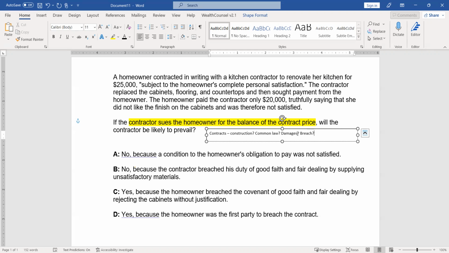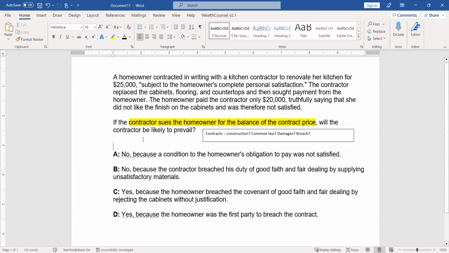Those would be all the issues you should identify from here. And depending on your comfort level with the subject, you may just have it be, is this what it is? And that's okay too. Just get into as much of the realm where they're testing you for you to be able to get to the correct answer.